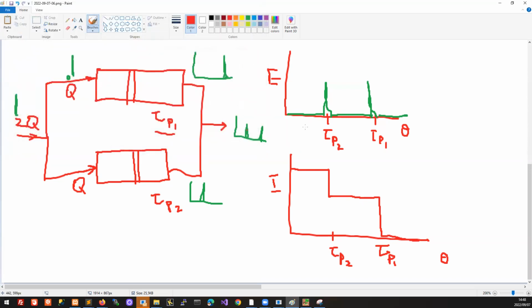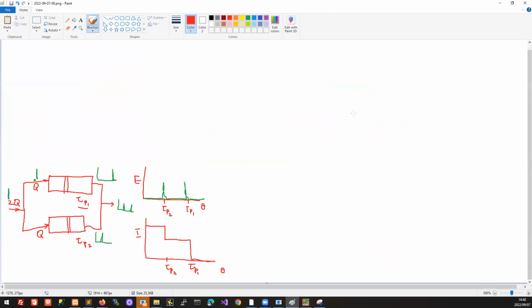Then let's think about CSTRs in parallel. If we have a CSTR here and a CSTR here, let's draw it smaller. Then the same applies: tau S2 is less than tau S1.